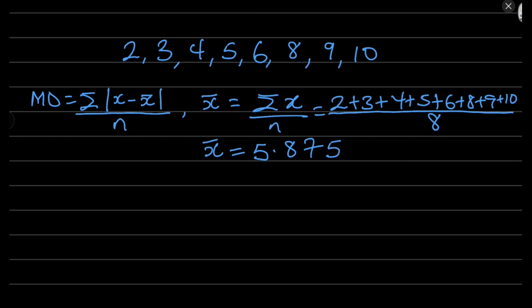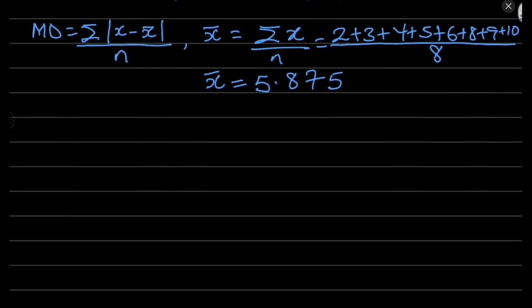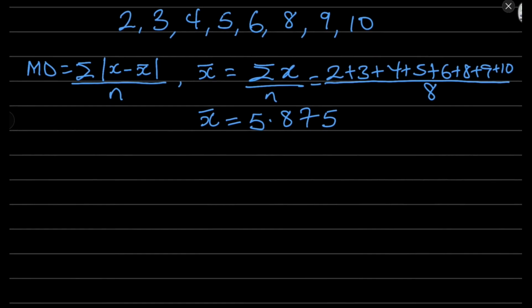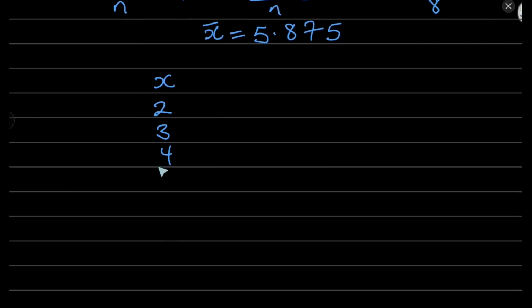Then I suggest that to do that, you just come up with a table. So you can call this your x, then you have your x values 2, 3, 4, 5, 6, 8, 9 and 10.